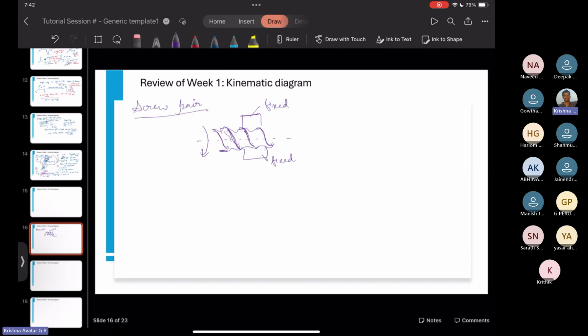So which means that we are providing rotation, and then it's displacing, it's linearly translating. So there is some S displacement here. In this case also, one rotation is creating linear displacement.